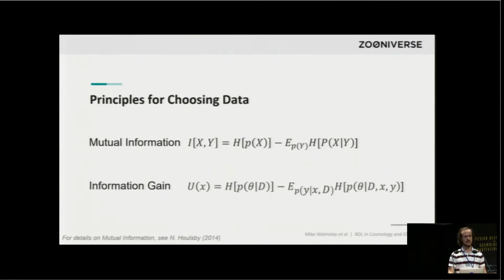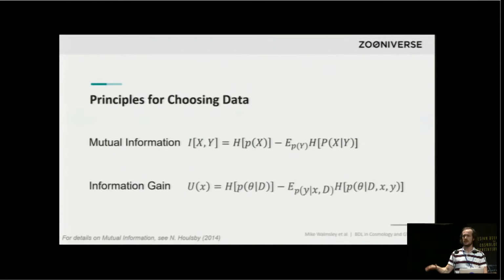What principle can we use then to choose which those galaxies are? This talk is my work, but the next two slides are the part that's not. This is not my derivation, but I think it's really interesting, and I want to share it with you guys. So there are two things that you really want to know. One is the mutual information, which is how much information X carries about Y. And that formula you really can't argue with. That's straight out of Claude Shannon.